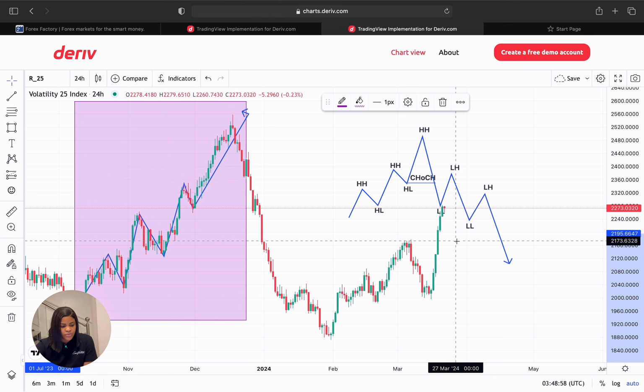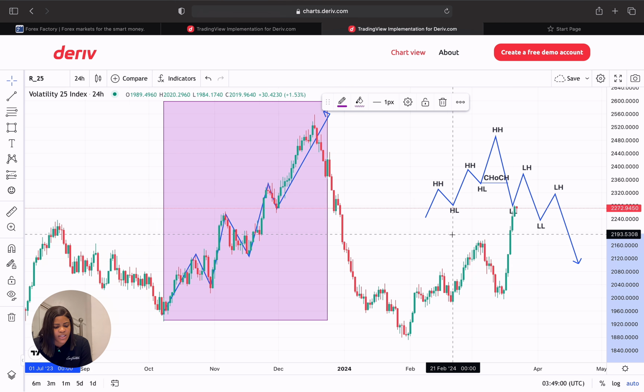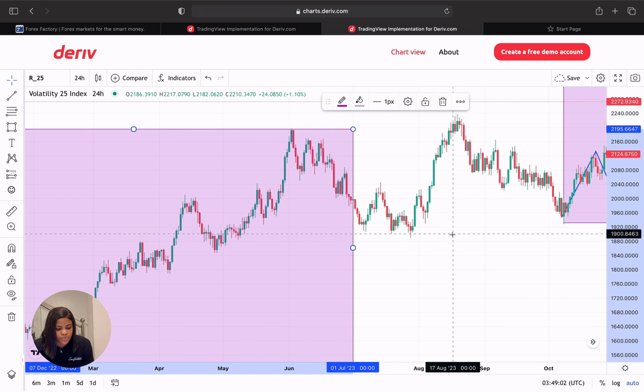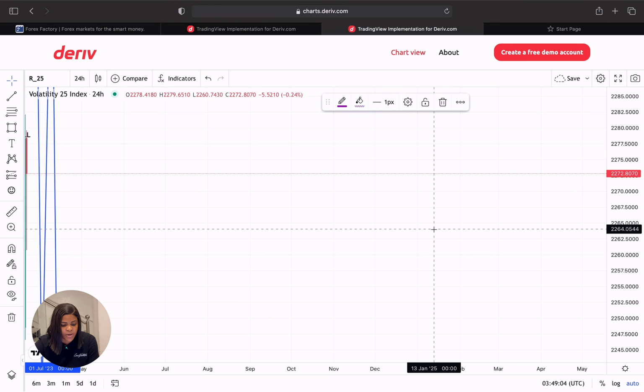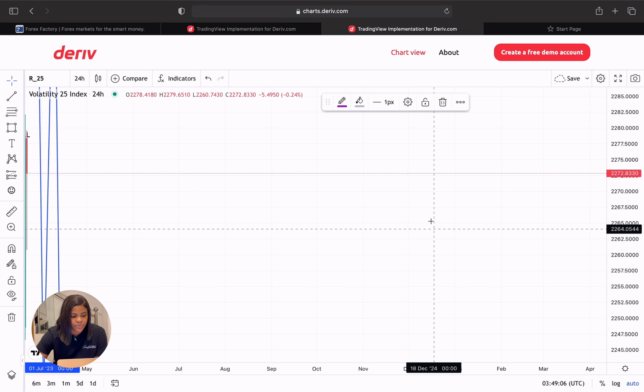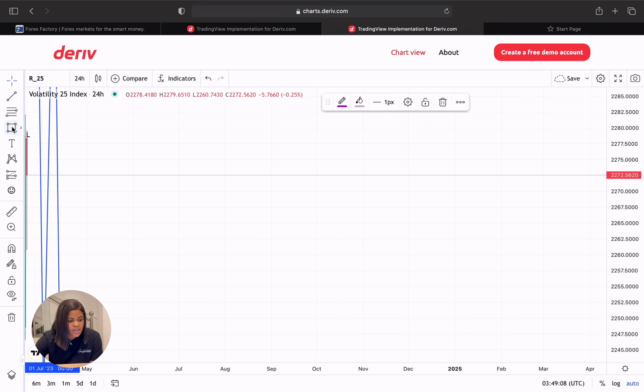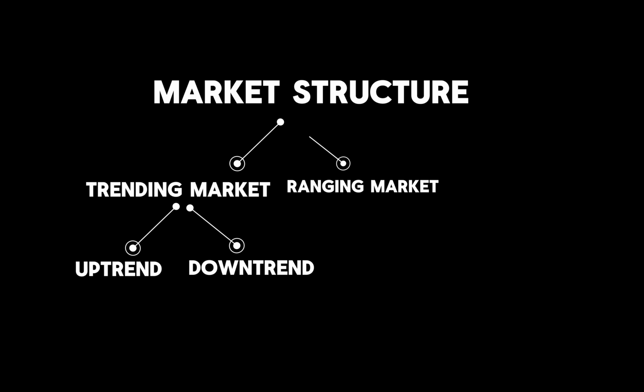Are you with me? So now let's look at the second type of market structure. The second type of market structure is ranging markets.